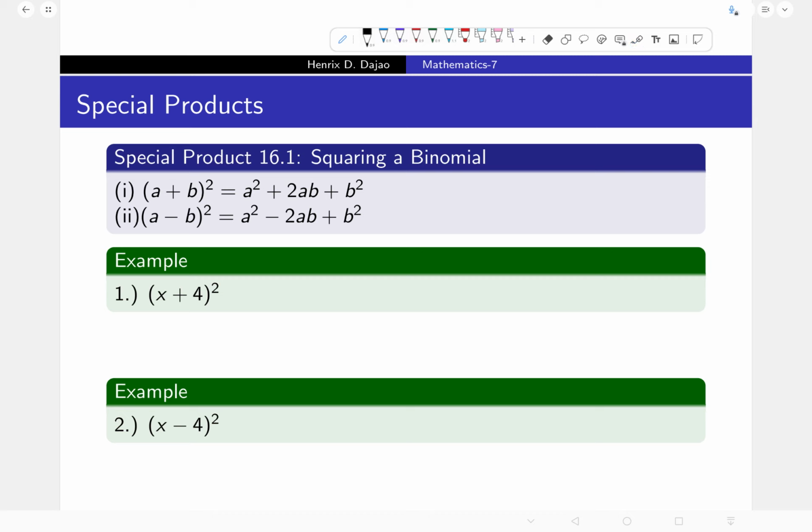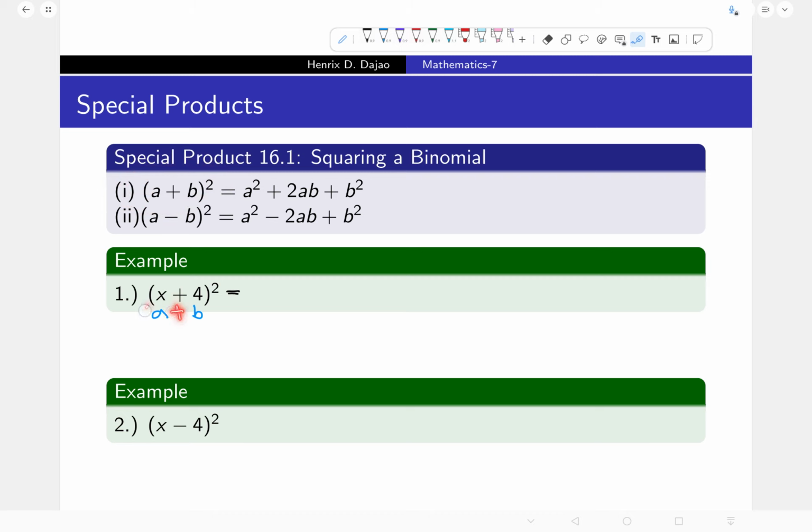For example number 1, take note that you can take x here as a, and you can take 4 as b. So as you can see, we can apply 1i here.